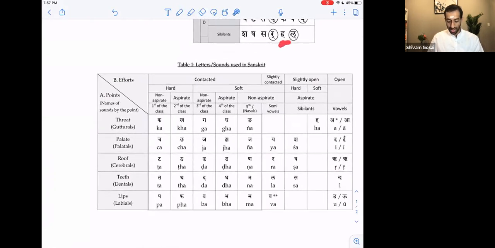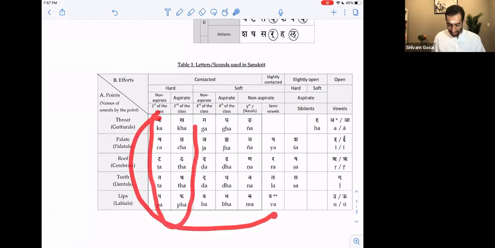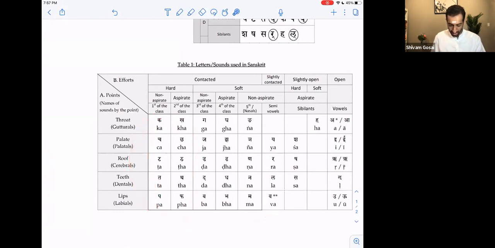Any of these, except for the nasals, become jabagadadash.